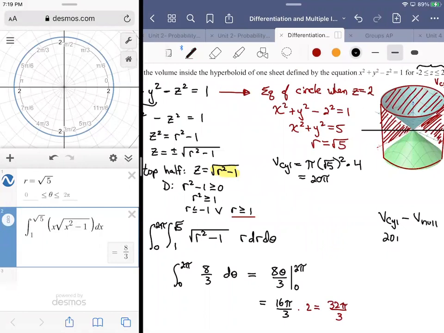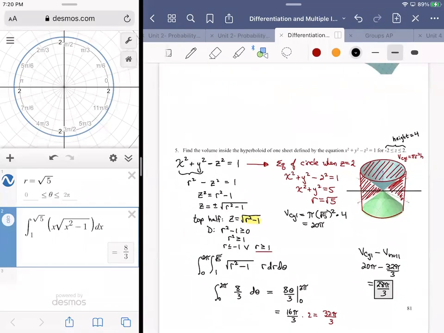So 20 pi minus 32 pi over 3 is really 60 pi minus 32 pi, so it's 28 pi over 3. All right, so there's an order of operations here, but if you play it out and you avoid careless errors like I didn't, then you get where you need to go.